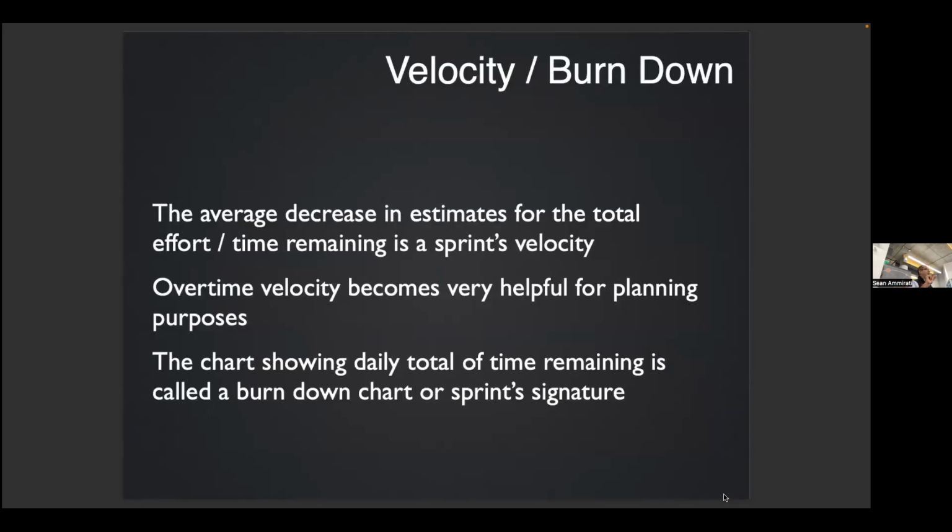I've been on very high performing teams where an hour of estimated work was more like three hours of actual work. But it was a very, very high performing team. They just were crazy optimists. I've been on other teams where an hour of estimated work was more like an hour and a half of work. They were also productive.